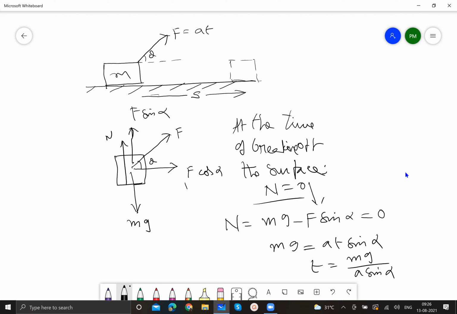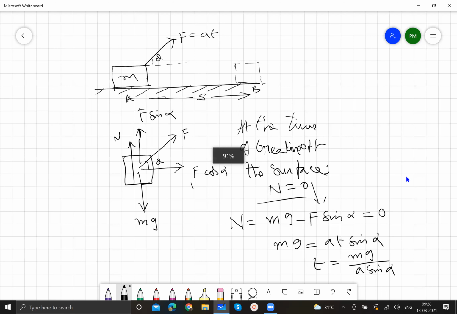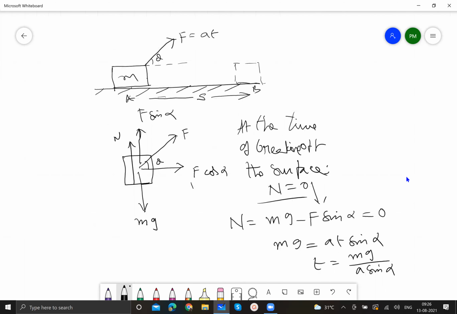Next, accelerating force on the block. How the block is able to move from A to the edge of the surface? Because we resolve the force into components. The horizontal component is the accelerating force. So this will be equal to MA.